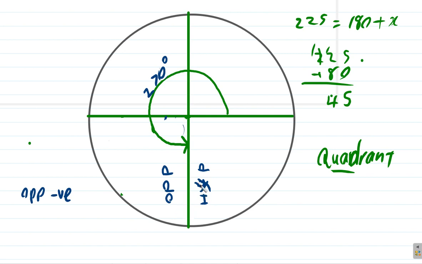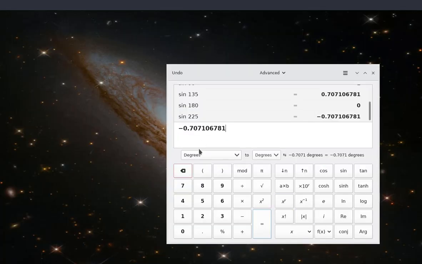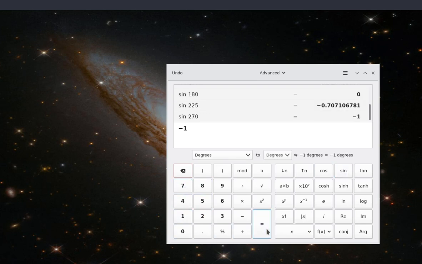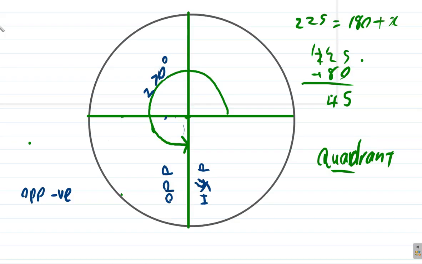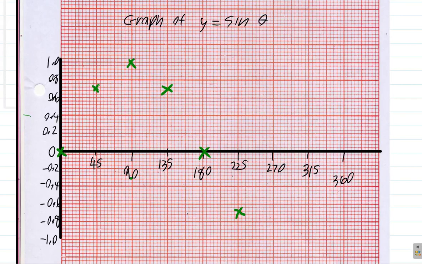So here, what we find is that our sine of 270 will be -1. You bet me it will be -1. Let's see. Sine 270 equals -1. So our sine 270 is -1. So we line up 270 with -1 and we plot.